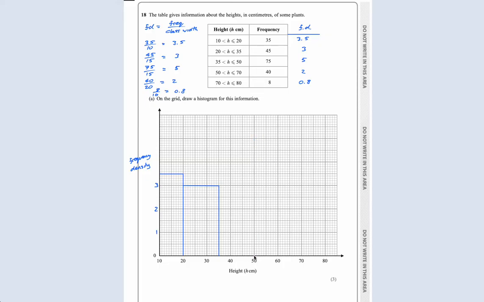I need to do that again, because I'm a perfectionist. 3, 4, 5. Okay, so this is 3.5, this is 3, this is 5, so that's 1, 2, 3, 4, 5. 50 to 70, just up to 2.